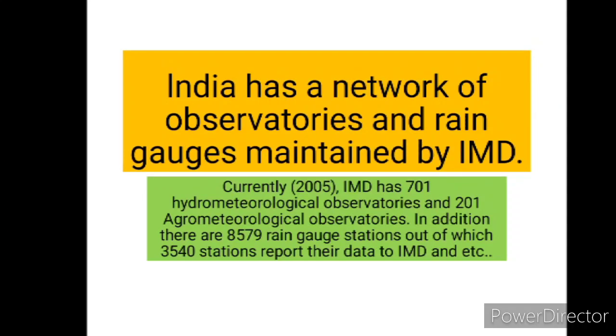Currently, as of 2005, IMD has 701 hydrometeorological observatories and 201 agrometeorological observatories. In addition, there are 8,579 rain gauge stations, out of which 3,540 stations report the data to IMD, and so on.